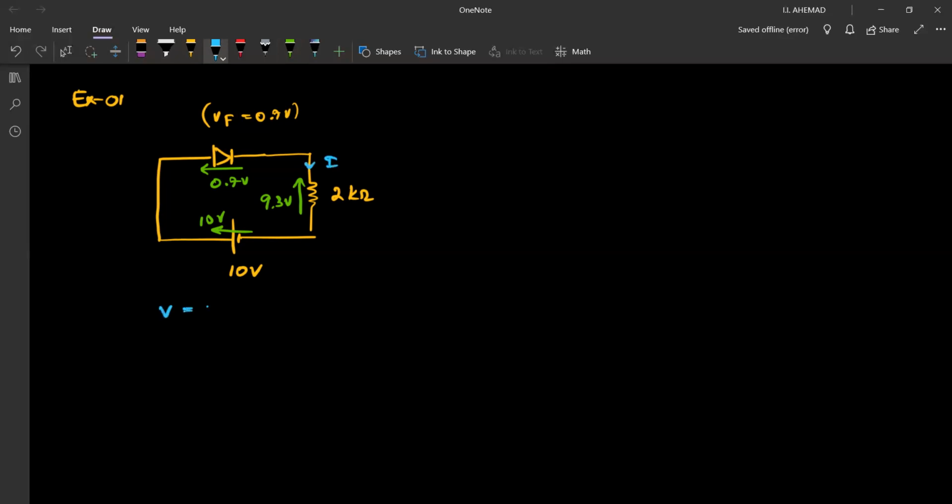So V equals IR, 9.3 equals 2 kilo ohm into I. So I is equal to 9.3 divided by 2, 4.65. Kilo is 10 to the power 3. When you take it to the denominator, it becomes -3. When you take it back to the numerator, you can straight away write it as milliamperes. So 4.65 milliamperes.